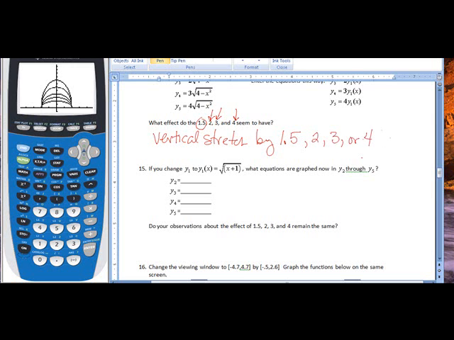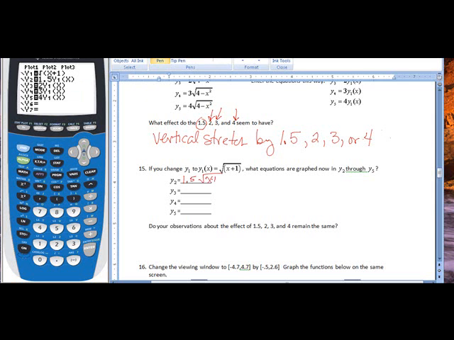Okay, so now back to the calculator. If I change the initial function to be the square root of just x plus 1, then the equation that I have in y2 is 1.5 times the square root of x plus 1.